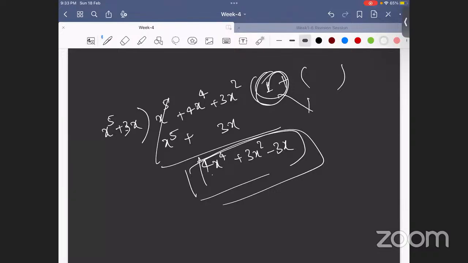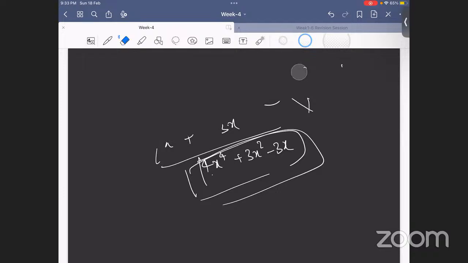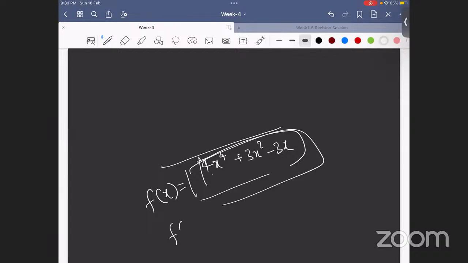Sir, one question I have, don't delete the remainder. In this, if I have to find, at x equal to infinity, y will be infinity. And at x equal to minus infinity, y will be plus infinity here because minus 3x is there.